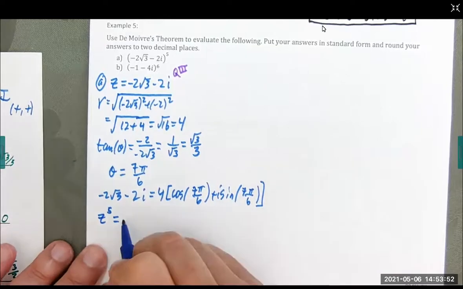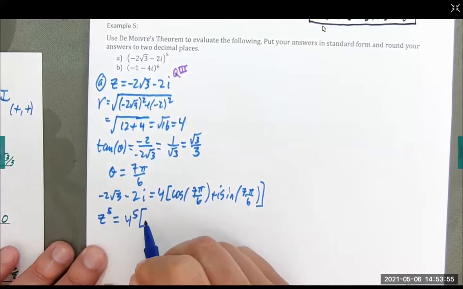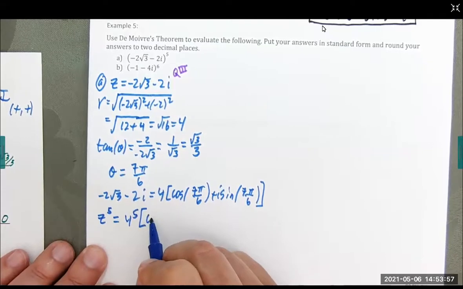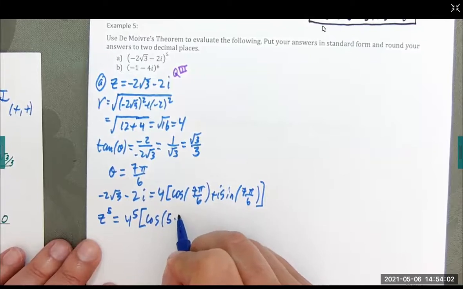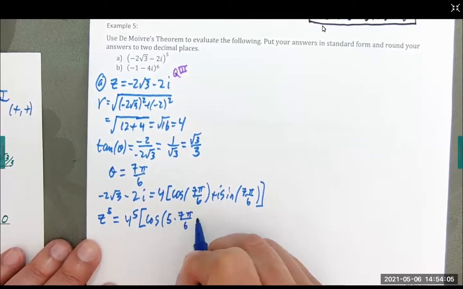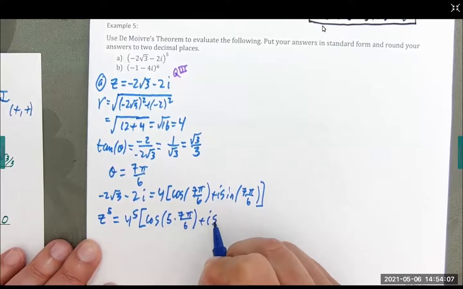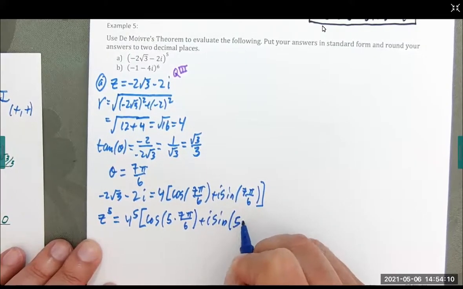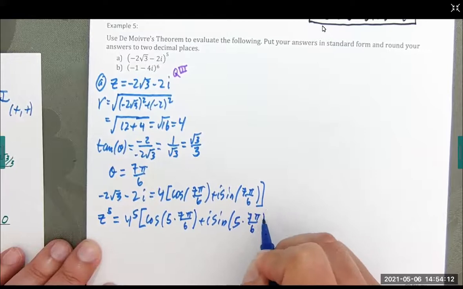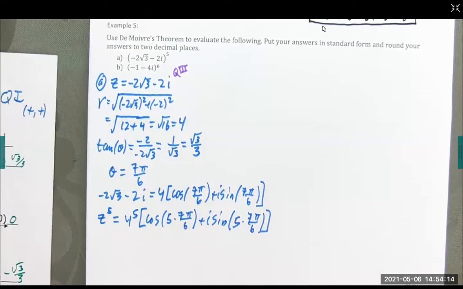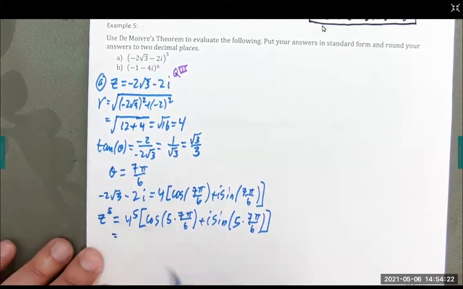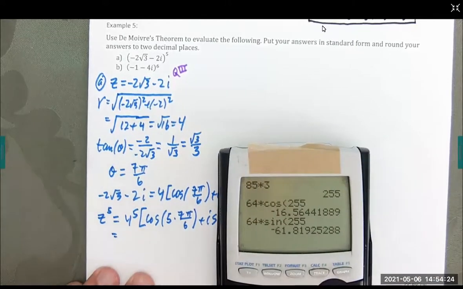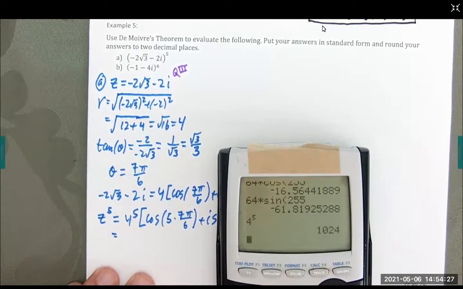That's going to be 4 to the 5th power times cosine of 5 times 7 pi over 6 plus i sine of 5 times 7 pi over 6. And let's see what we get. 4 to the 5th, that's going to be a big number. Let's see, 4 raised to the 5th power, 1024.